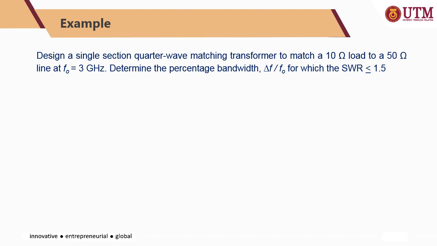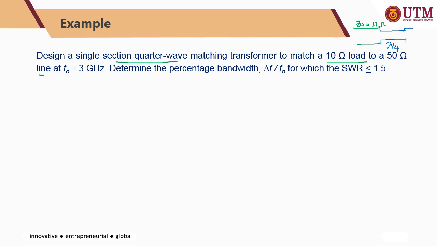Okay, let's look at an example. Design a single section quarter wavelength matching transformer to match a 10 ohm load to a 50 ohm line. So we have a 50 ohm line, Z0 equal to 50 ohm, and then we have a quarter wavelength line, lambda/4, to match a 10 ohm load.